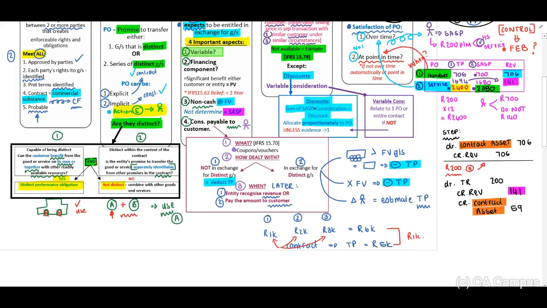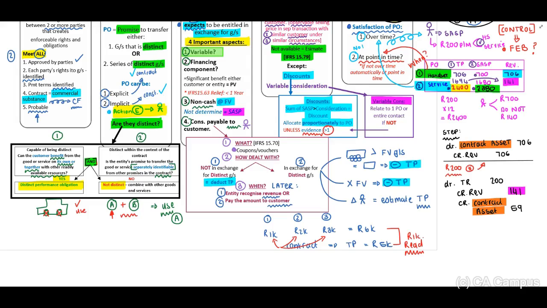Except, guys, if there is sufficient evidence that this should only be allocated to one product. Therefore, again, you will have to read the information provided. Now, let's move on to our variable consideration. If there is variable consideration that relates to one performance obligation, then it is easy.